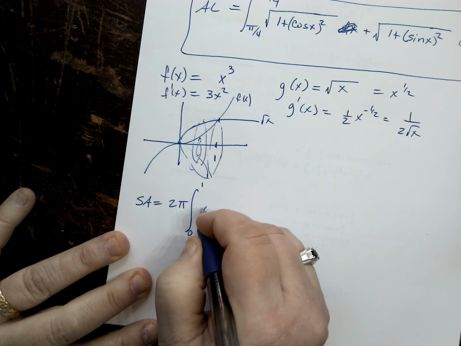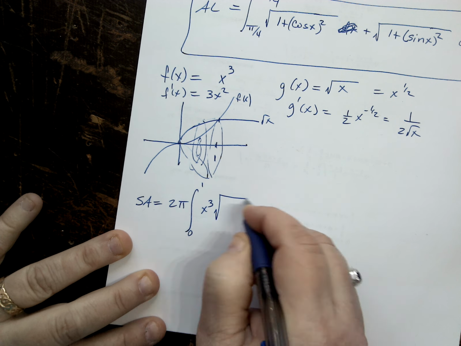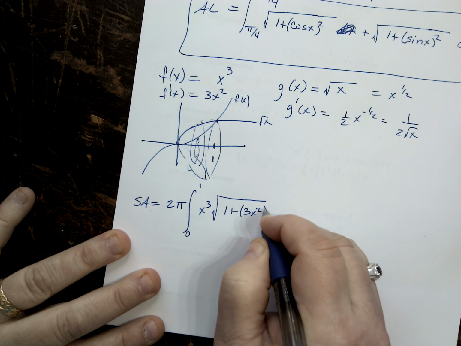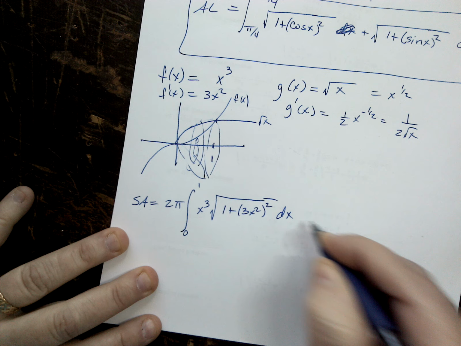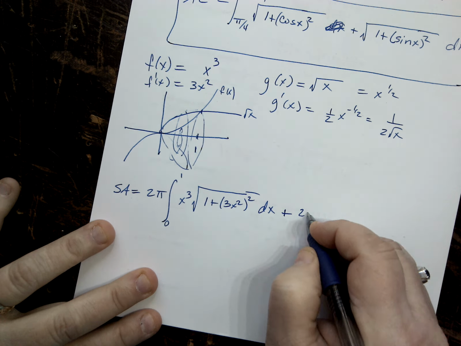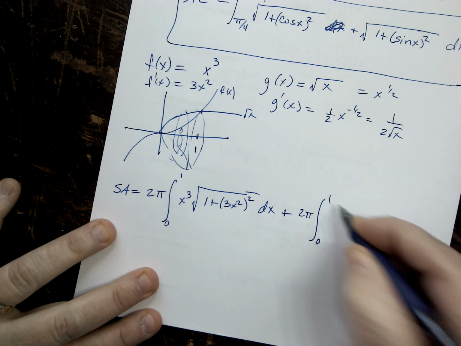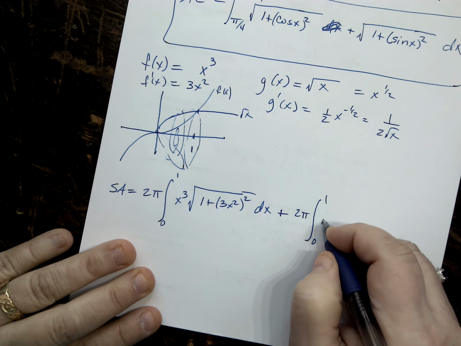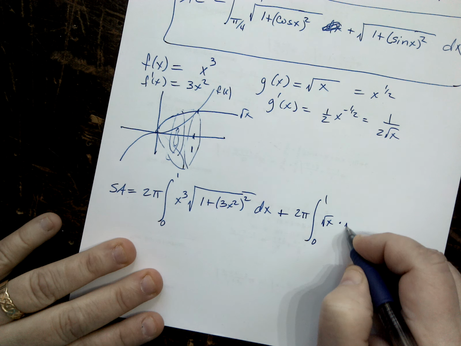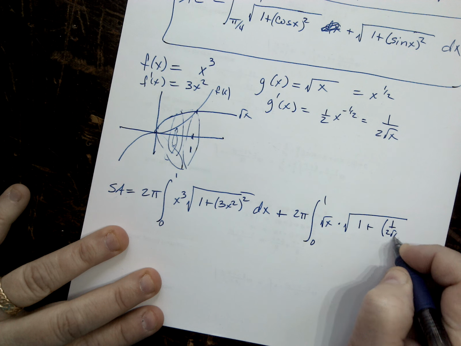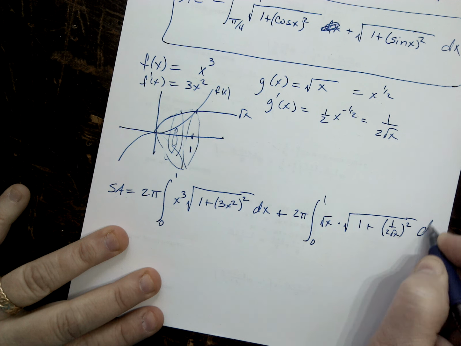My function is x cubed. There's my r. My h is the square root of 1 plus 3x squared, squared, dx. Plus, now I'm dealing with the inside, 2 pi integral from 0 to 1. My function is the square root of x times the square root of 1 plus the quantity 1 over 2 square root of x, squared, dx.